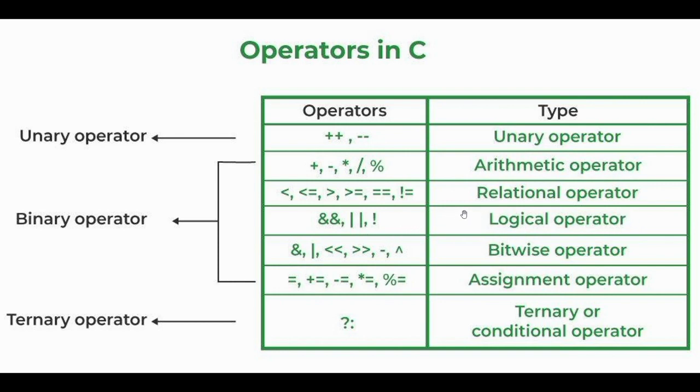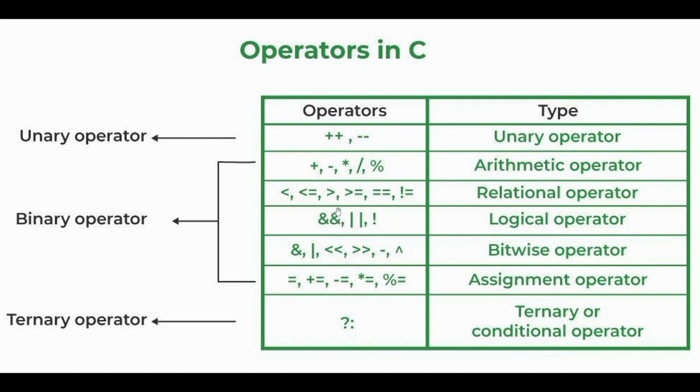In my previous video, I explained the relational operators. If you have not watched that video, I will place it in the i-cards and put the link in the description, so go and watch that video. In logical operators, this is known as AND.